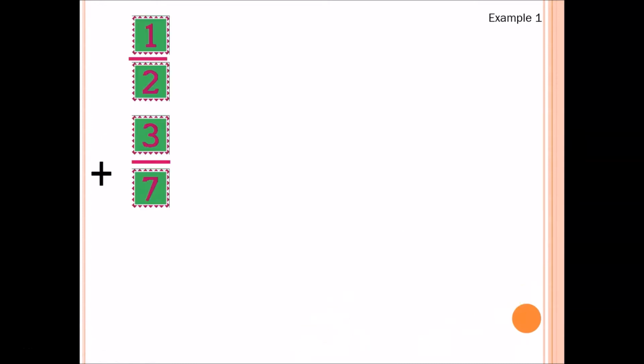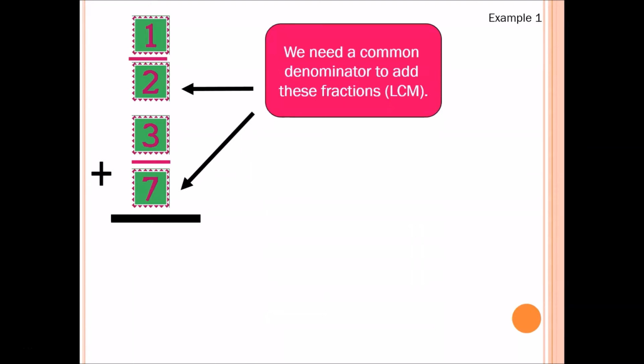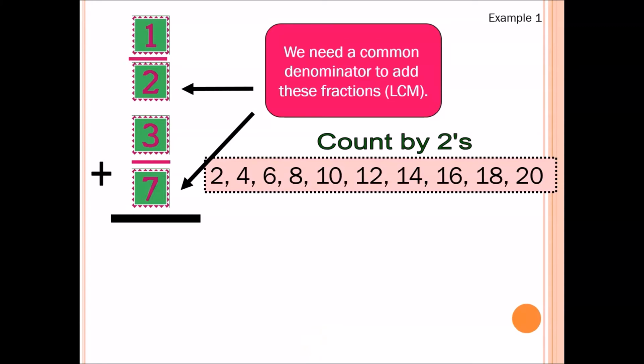Let's try the following example. 1/2 plus 3/7. How are we going to find the LCM? Look at the denominators. It's 2 and 7. To find the LCM, we can find the smallest common multiple of 2 and 7. Counting by 2's, we have 2, 4, 6, 8, 10, and so on.